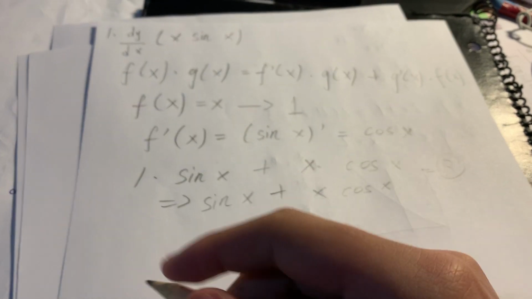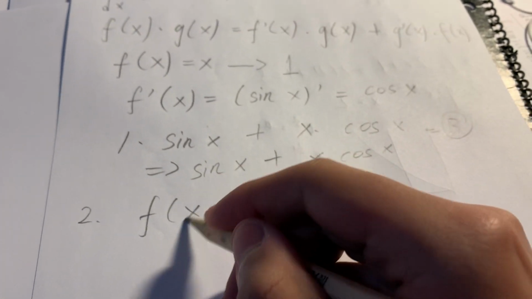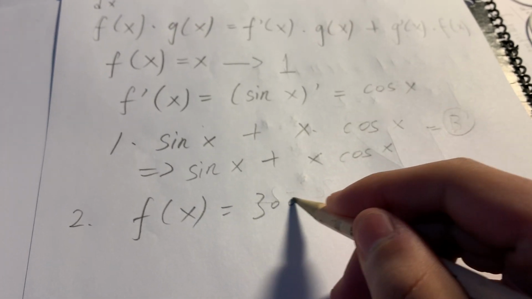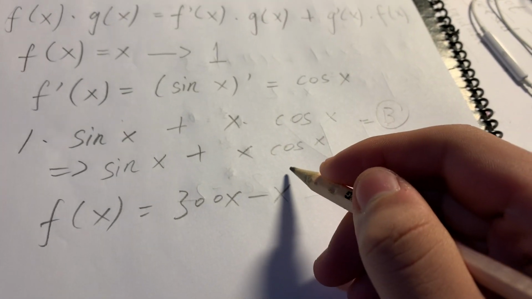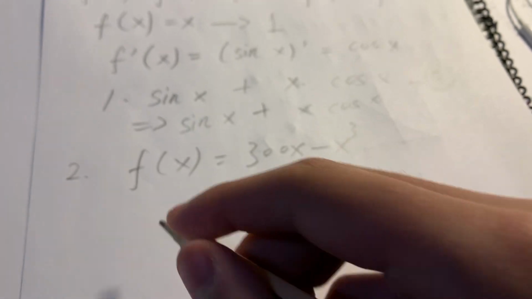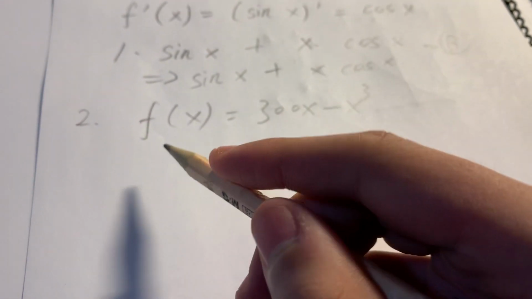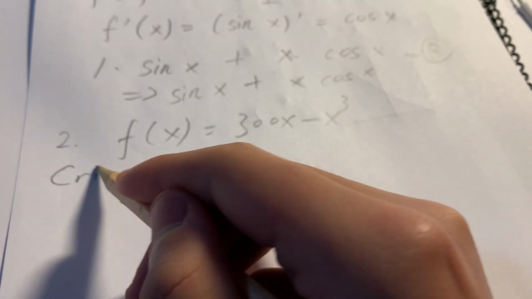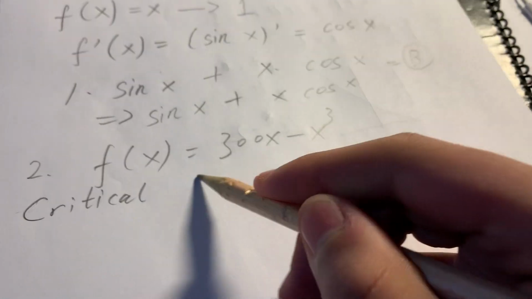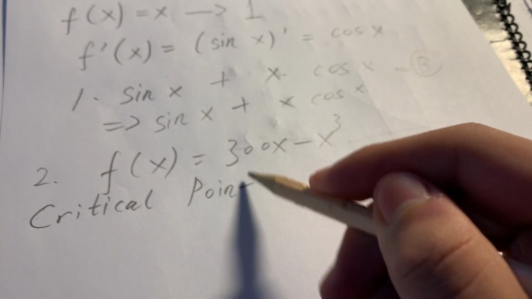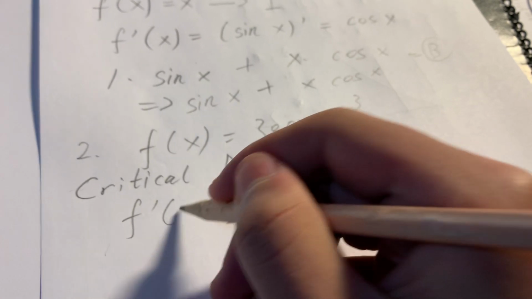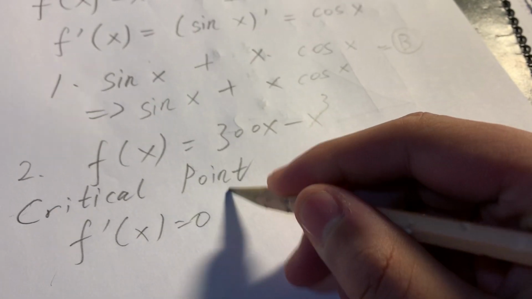Problem 2. Let f be a function given by 300x minus x cubed. For this problem, we can find the critical points, which will benefit us a lot. The definition of a critical point is where the derivative is equal to 0 or undefined.